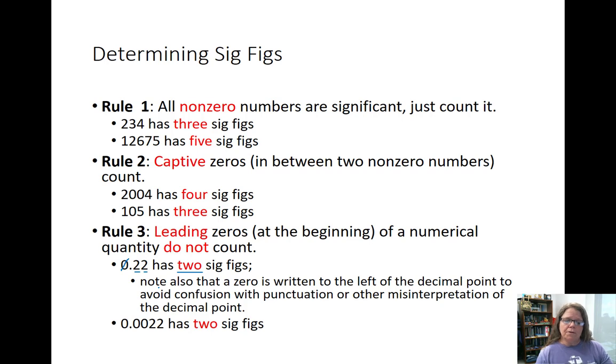So note also that we did write this 0 here, because if you just write .22, it's often very difficult to tell if that's a decimal place or if that's like a speck on your paper. So if you put that leading 0 out in front, it clarifies the communication that this is 0.22. All right, similarly, this guy has all these leading zeros. All these leading zeros are not significant. This has 2 significant figures, the 2 and the 2.